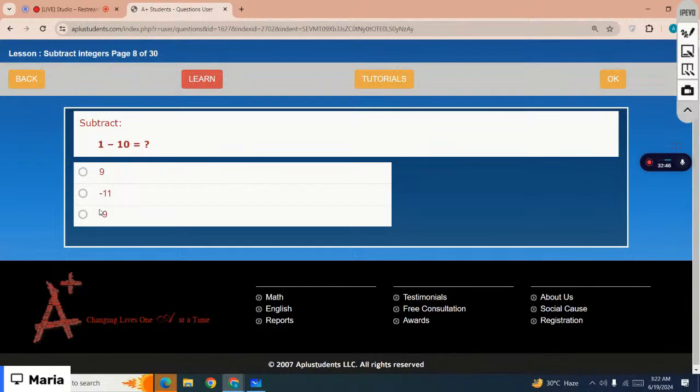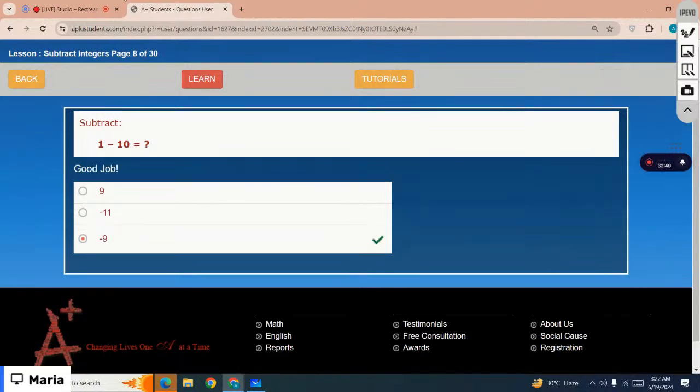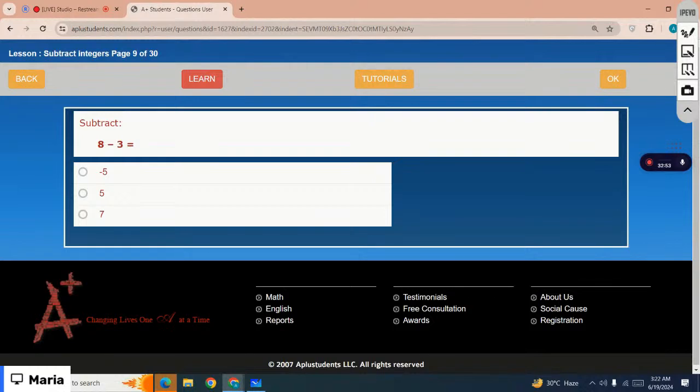You are subtracting a greater number from a smaller one, so the answer must have a negative sign. 8 minus 3 is 5.